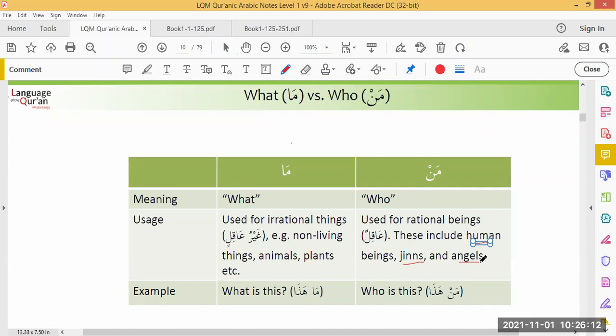When we ask about human beings, jinns, and angels, we say man haza, who is this? So for irrational, we cannot use man, and for rational, we cannot use ma.